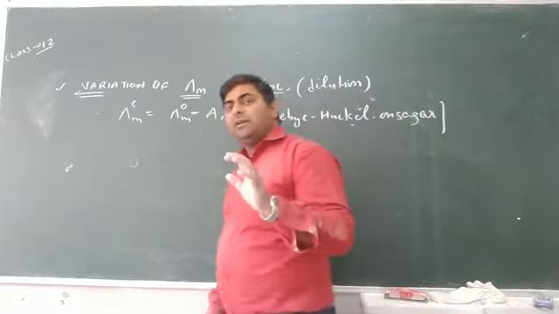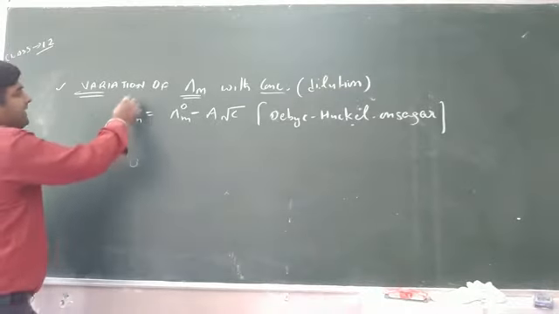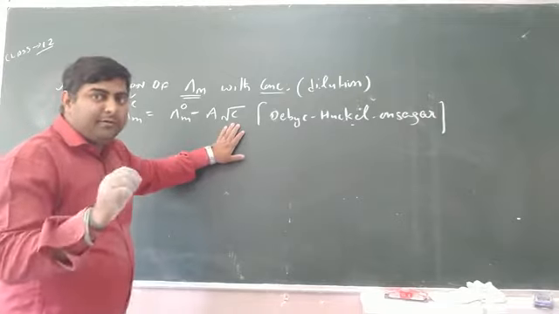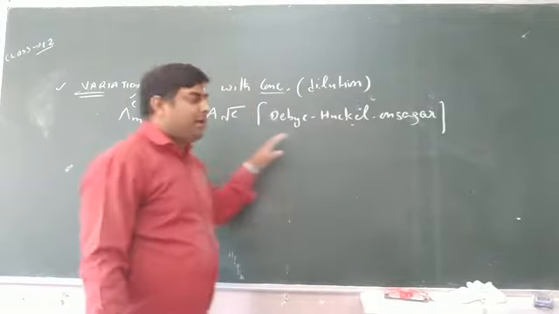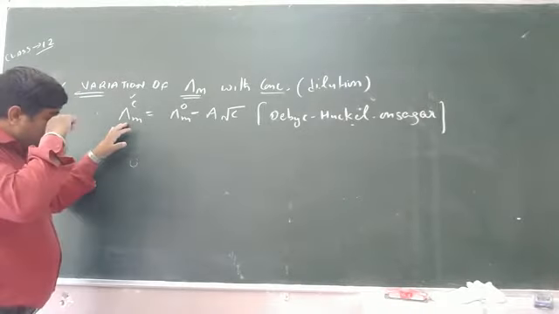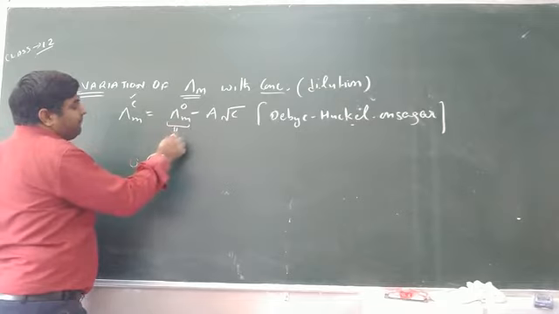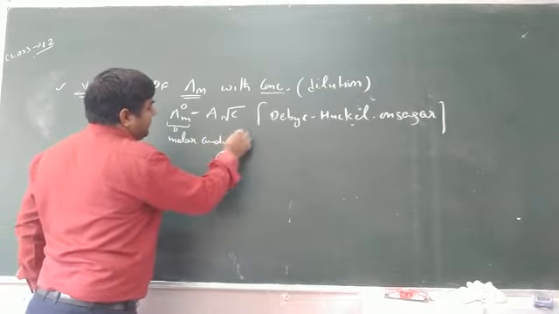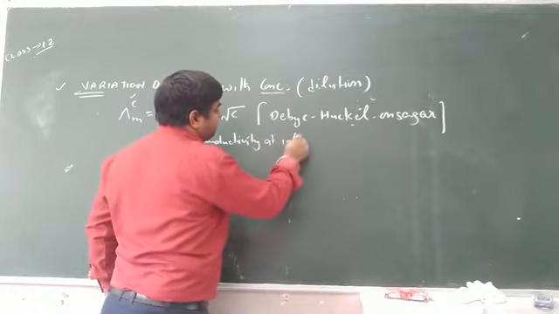The mathematical relation between the molar conductivity at a given concentration and the concentration is given by the Debye-Huckel-Onsager equation, where lambda m zero is the molar conductivity at infinite dilution.